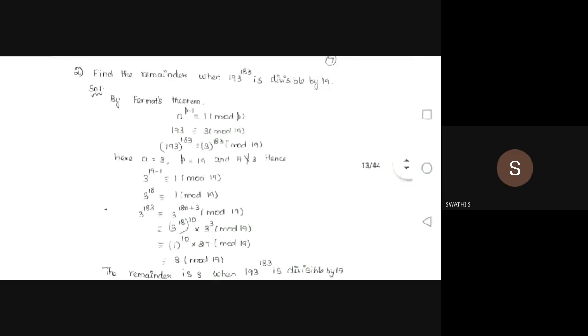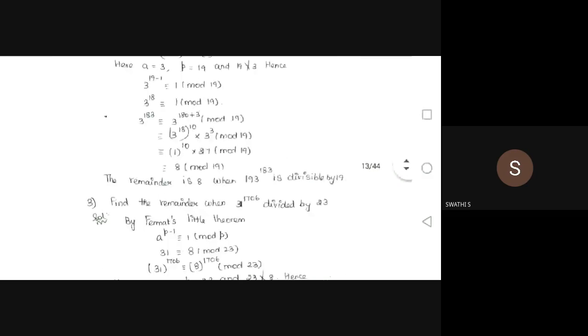Since 193 to the power 183 is congruent to 3 power 183, both 193 to the power 183 and 3 power 183, when divided by 19, give the remainder 8 only. So we'll move on to the next problem.